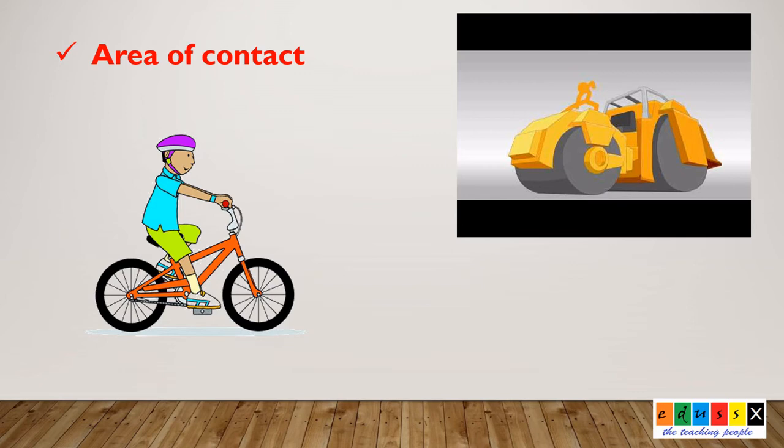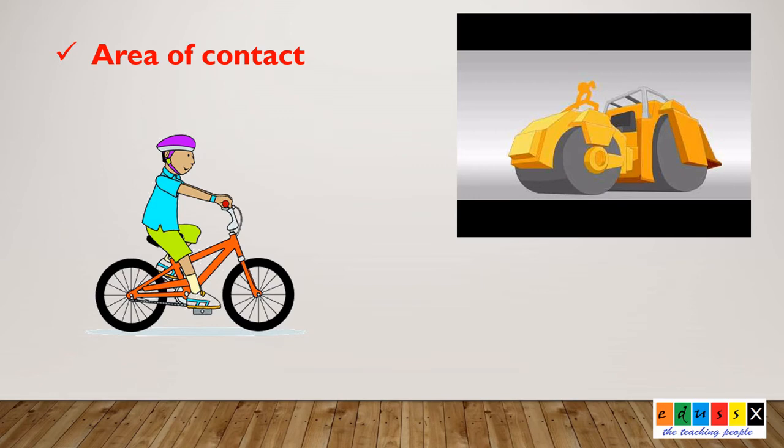For a given weight, the friction is directly proportional to the area of contact, whatever the object may be. So if the area of contact is greater, friction will also be greater. For this, they have given an example, a road roller. What is a road roller? It has a broad base so as to offer more friction between its roller and the surface, that is the road.